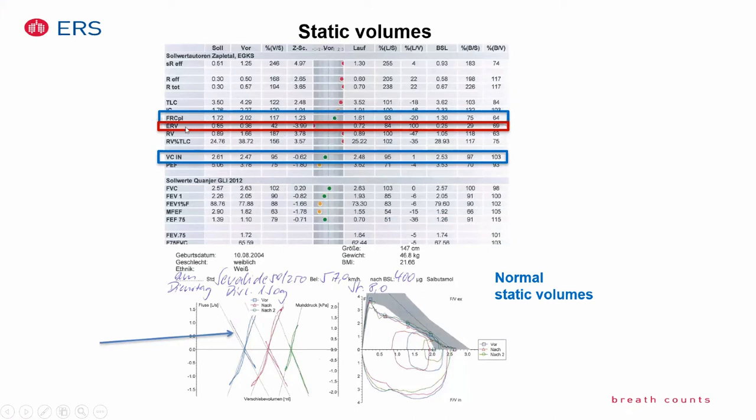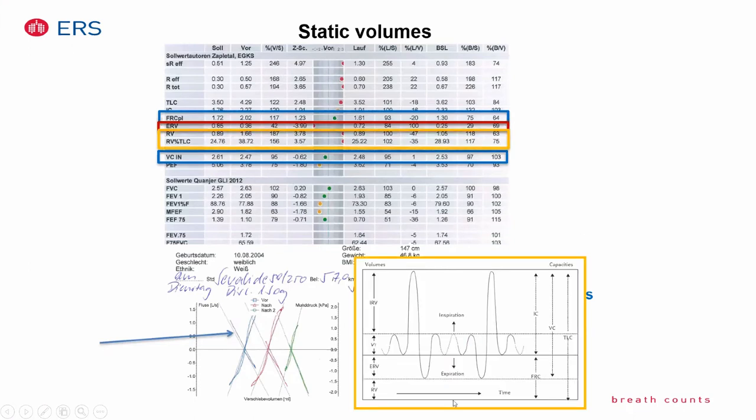So always look at expiratory reserve volume, whether this is in line with the other measurements or suspect. It's a difficult maneuver for many children. Yeah, and this is illustrated here. Expiratory reserve volume is an active maneuver, and if this is not good, then your ERV is small, and your residual volume will be overestimated.